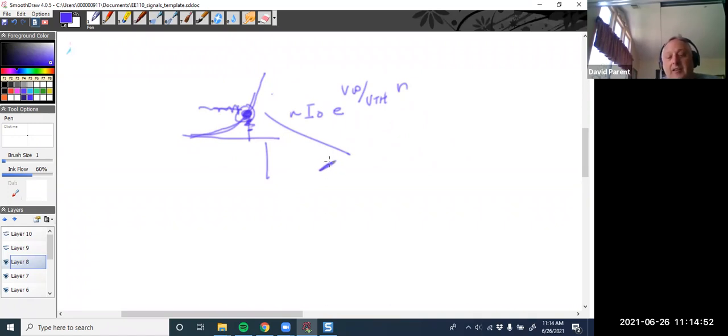And I have a I, so if this is I and this is V, right, and I have a delta I and a delta V, well, 1 over that would be an equivalent resistance for that diode. Now, if I biased over here, it would be different. If I biased over here, that RD would be different.